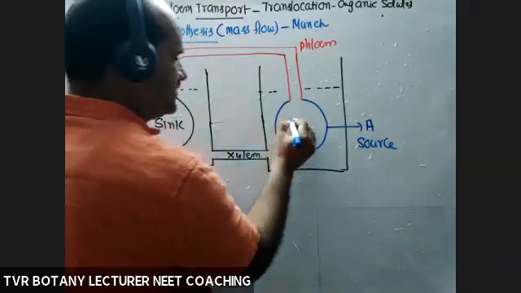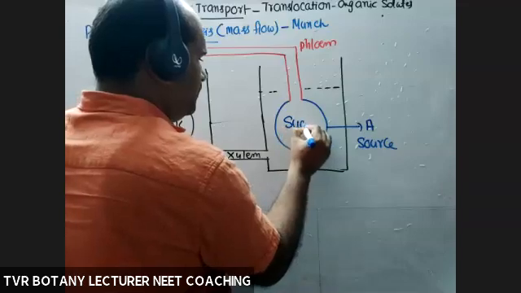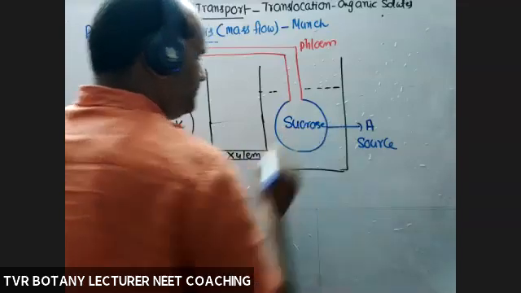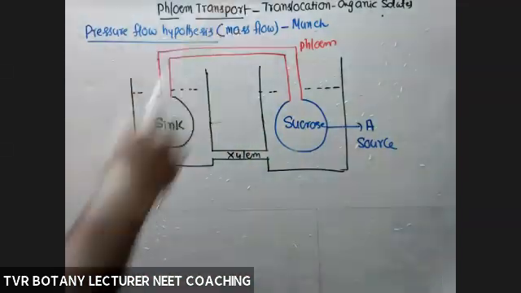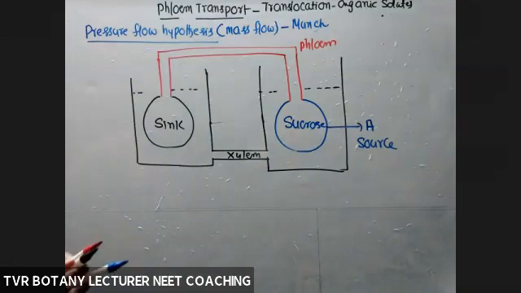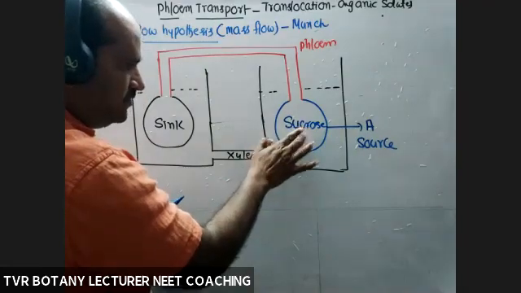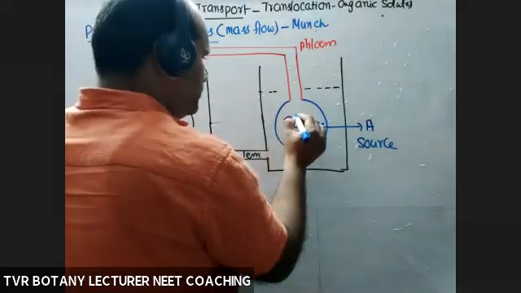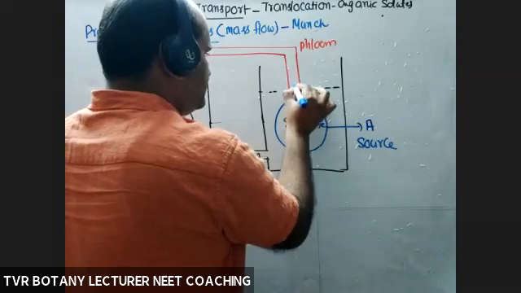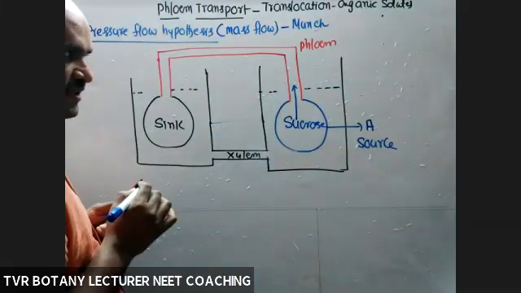Go back to the source part. Source means synthesis of sucrose. This is a dummy one, not the real one. With the help of this, you can understand what I explained before. So now sucrose is formed here, in the source part. Now sucrose is added to the phloem by means of active transport.